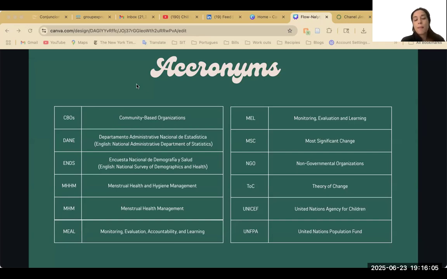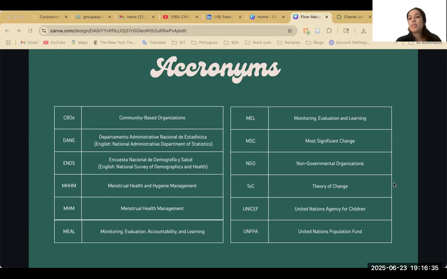Here we're using monitoring, evaluation, accountability, and learning, MEAL. But a lot of people also use MEL, which is monitoring, evaluation, and learning. And a lot of people also use M&E, so monitoring and evaluation. Different people use different things, and it's not all the same, but they're like siblings, these terms, MEAL, MEL, and M&E.